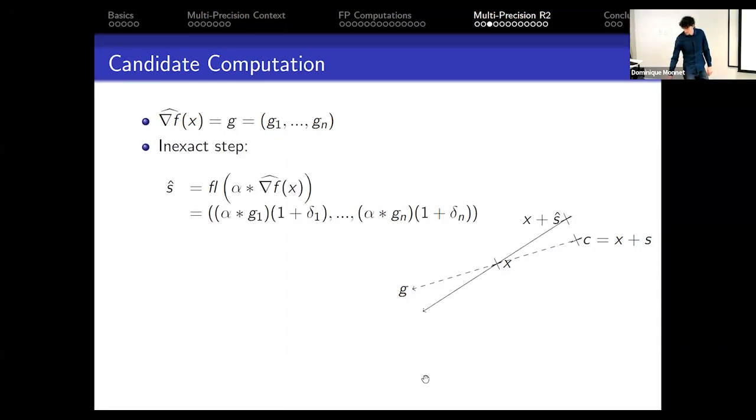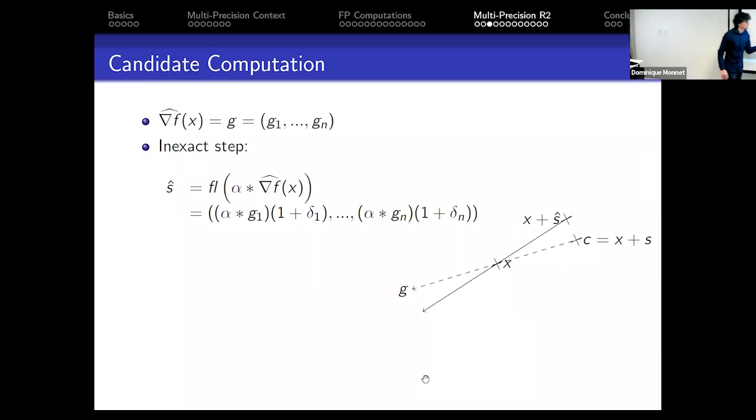But when I compute the step with floating point arithmetic, what I have is the element-wise multiplication of alpha with the elements of my gradients. So what I have is not alpha G, it's something like that, where rounding errors occur everywhere. The step I can compute is somewhere here.